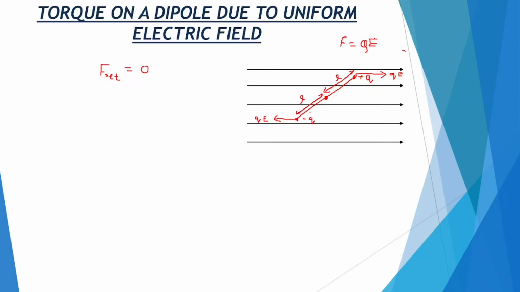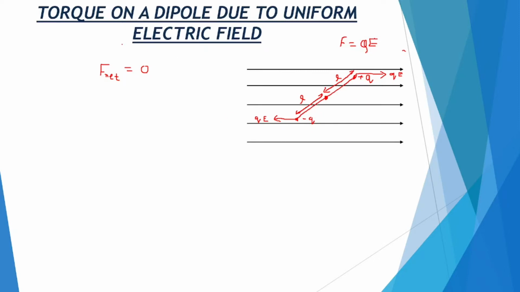So if force is not there, the dipole can't move in forward direction or backward direction. So it is in translational equilibrium. So what is translational? The forward or backward movement of a particle is known as translational motion. So this dipole is in translational equilibrium, that means it can't move forward or backward.